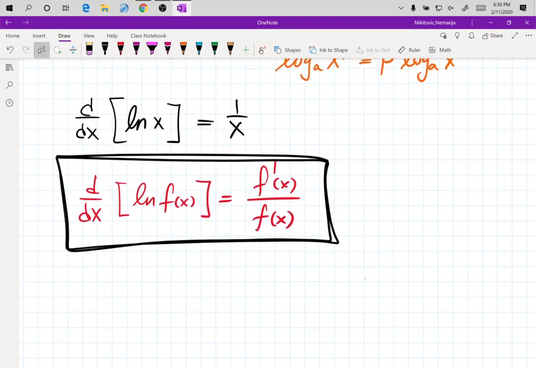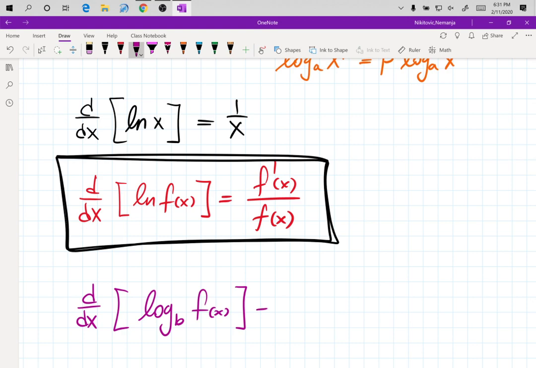Is this the end of the story? Obviously not. We have the general case when we say log base b of f of x. So now it's not just base e, it's base 7, it's base 13, right? So anything that you can possibly think of.